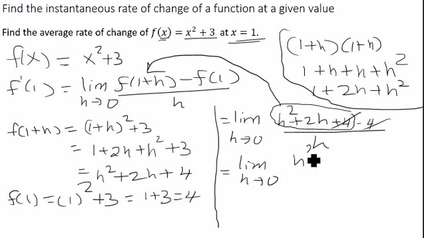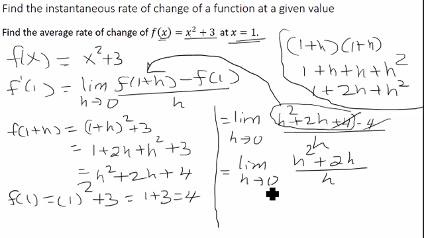Again, this problem now boils down to finding the limit of this function. While finding the limit, the first thing we do is try direct substitution, but direct substitution produces 0 in the denominator, so you have to factor out the h from the top and the bottom.